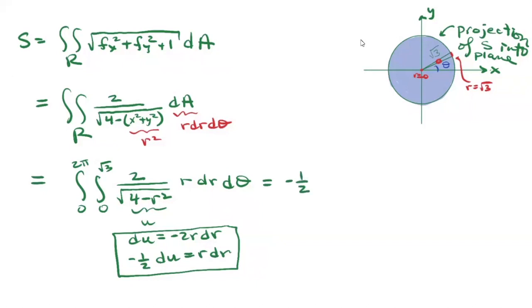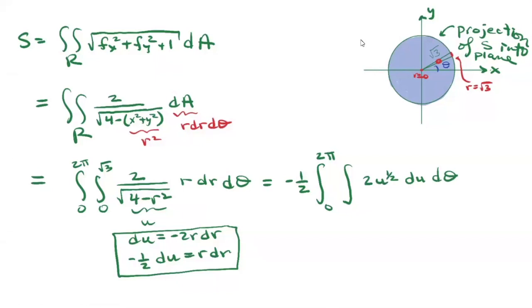It's negative, so the limits are going to get turned backwards. I'll put limits on in a second, but they'll be backwards because the differential is negative. I just have 2 over the square root of u, which is 2u to the negative 1/2, r dr is the negative 1/2 du, and then there will be a d theta.